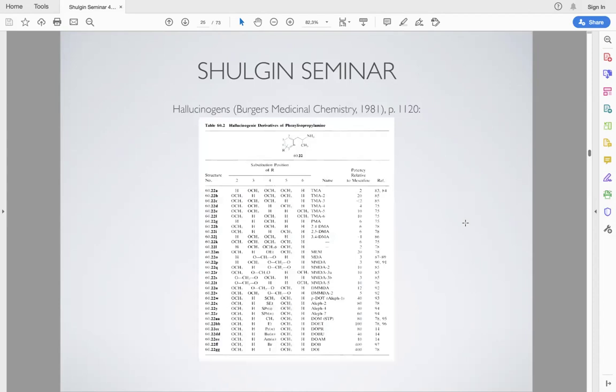But what I mean is that the only comparison here is done in terms of potency relative to mescaline, right? And other factors than potency are not included. So it's not really a qualitative analysis, but a quantitative one, right?